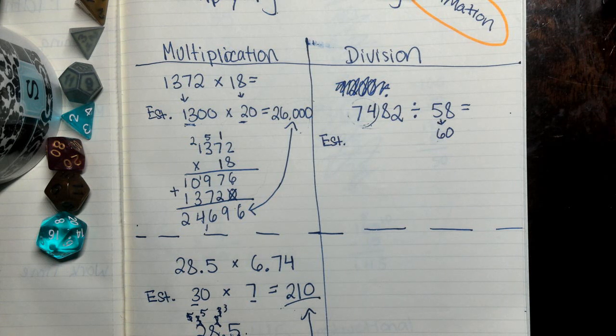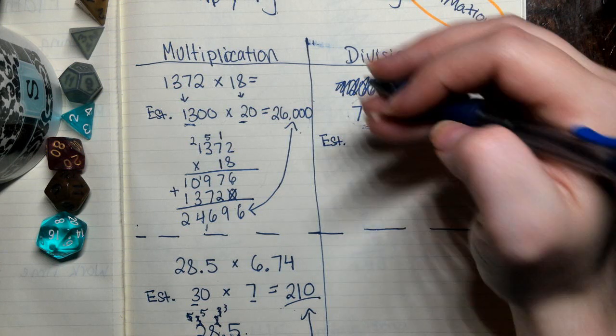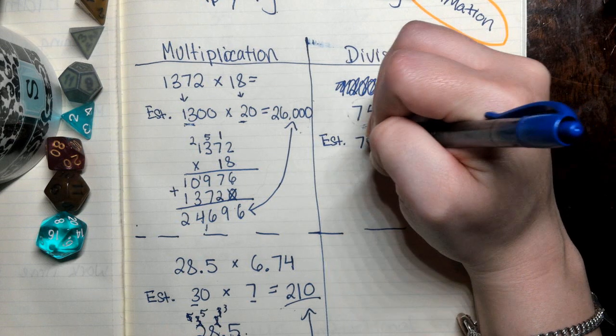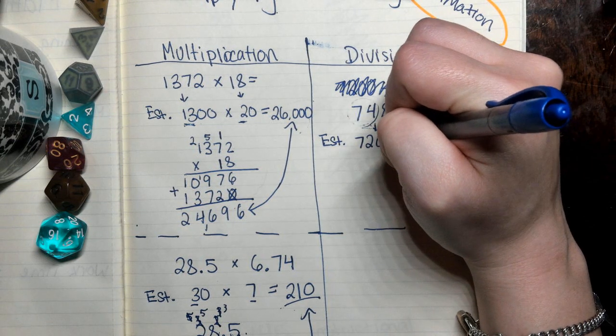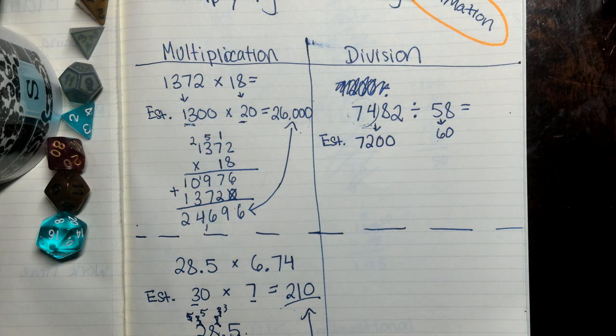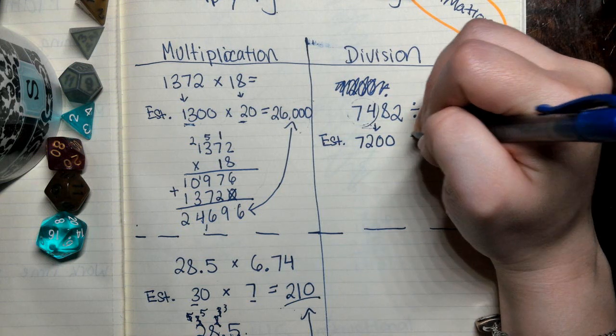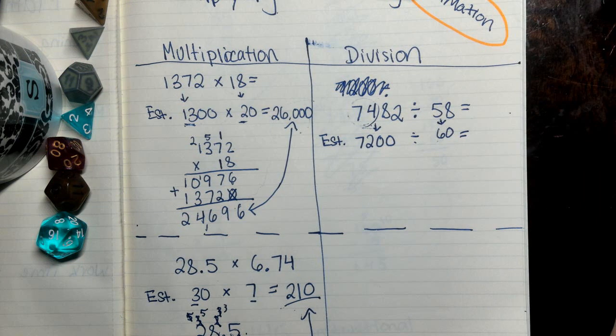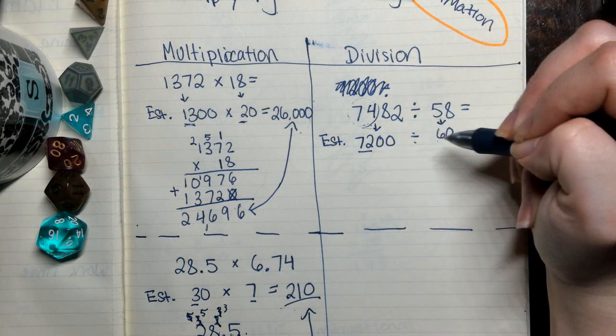And I'm thinking, okay, what's a multiple near 74? So if I'm rounding to the hundreds place, I know 6 can go into 72. I know that 72 is a multiple of 6. I know it's times 12. So that tells me that if I round this down to 7,200, and I know that's a big round down, and that's okay, divided by 60, what's 72 divided by 6?